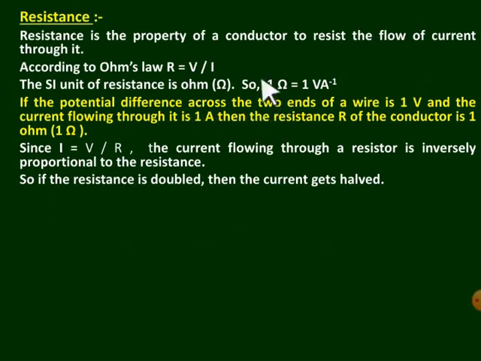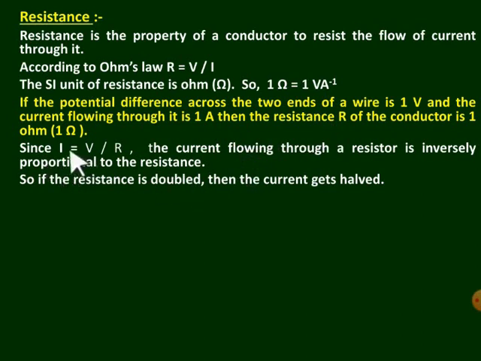What is 1 ohm resistance? 1 ohm is that resistance for which, when a potential difference of 1 volt is maintained across the two ends of the conductor and the current flowing through it is 1 ampere, the resistance of such a conductor or material is said to be 1 ohm. It is defined from here only. Got it?